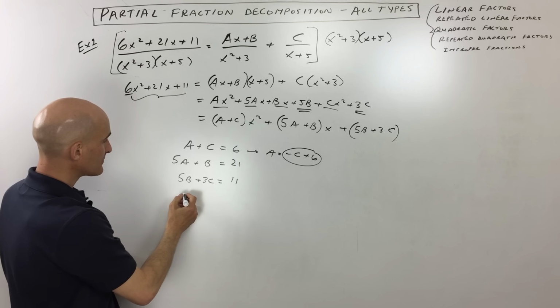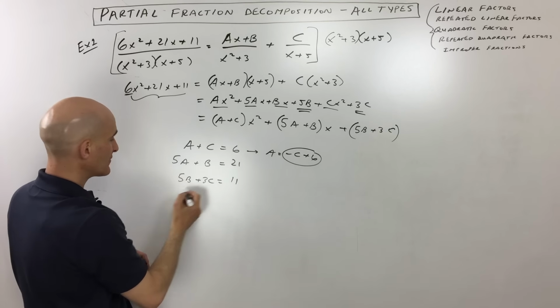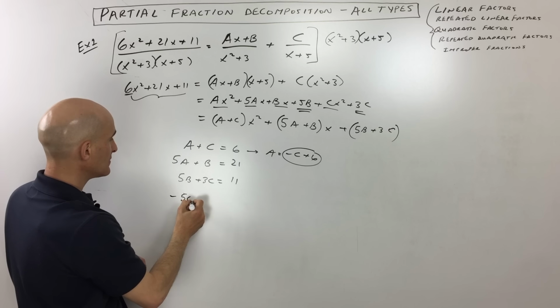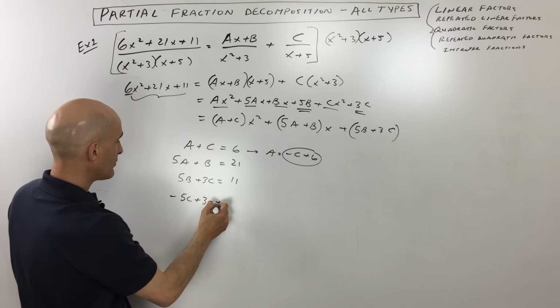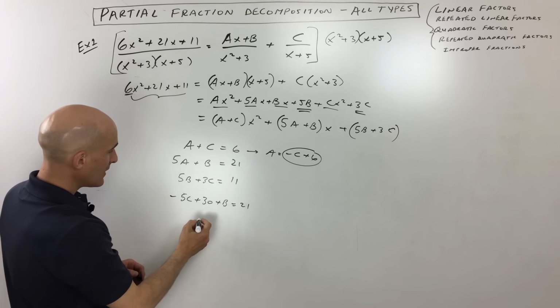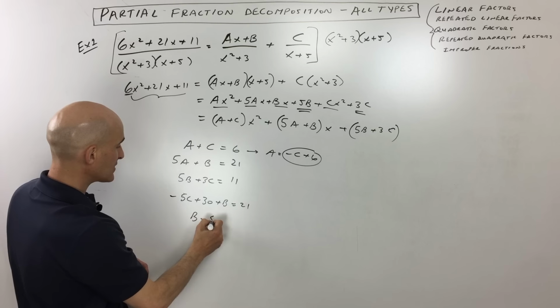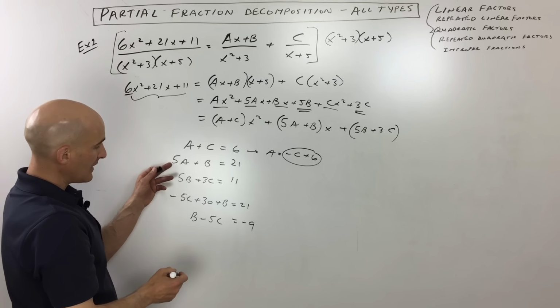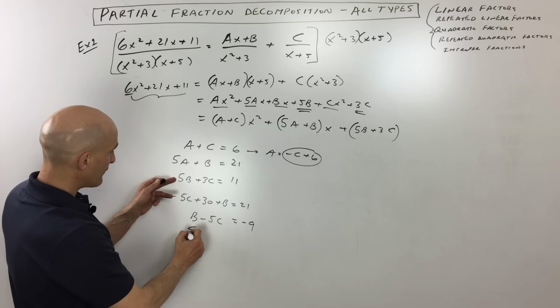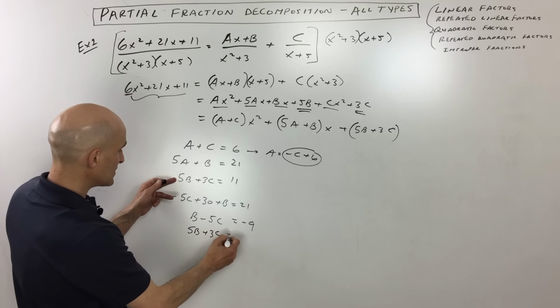So that's going to give us 5 times negative c, which is negative 5c, plus 30 plus b is equal to 21. If I clean this up a little bit, that's b minus 5c is equal to negative 9. Okay, and then now let's look at the third equation. We've got 5b plus 3c equals 11.